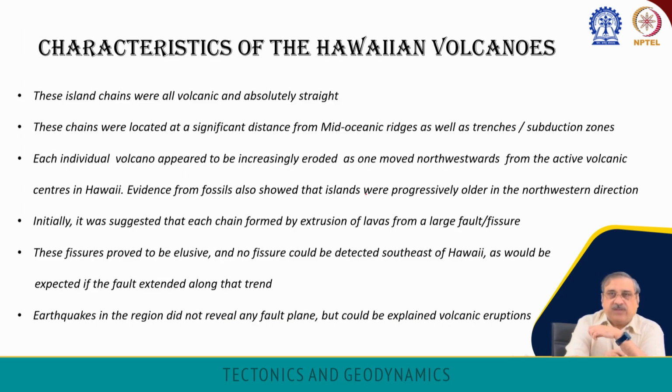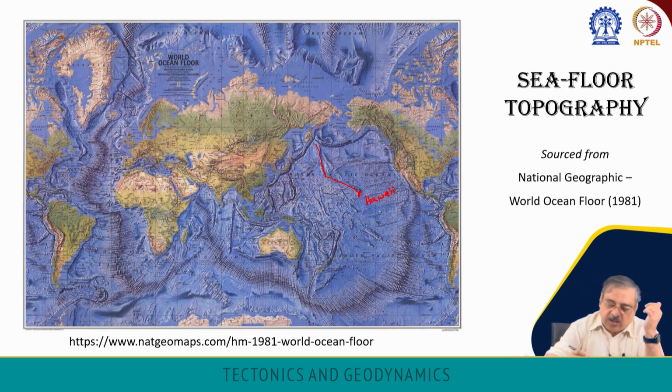Now, each individual volcano, as you move back, seems to be more and more eroded as you move northwestwards away from Hawaii. Also, the fossils tend to indicate that the volcanoes are older. So, you have a line of volcanoes, many of which are submerged.